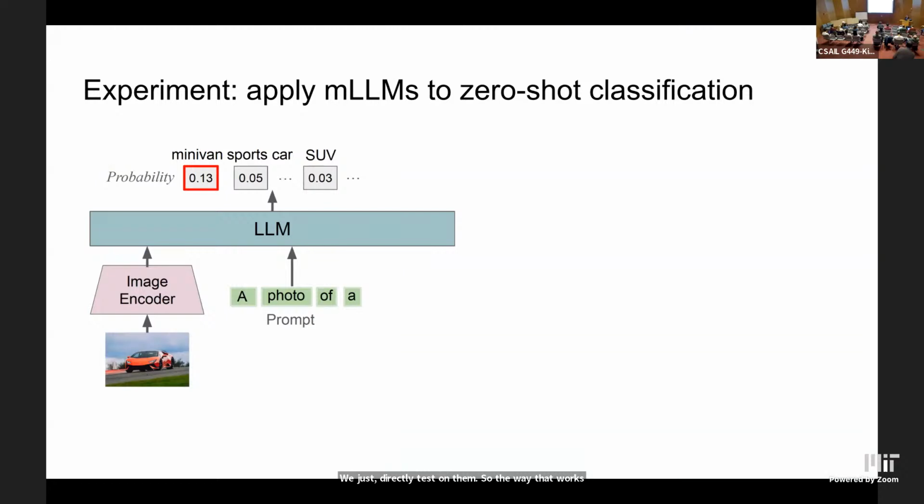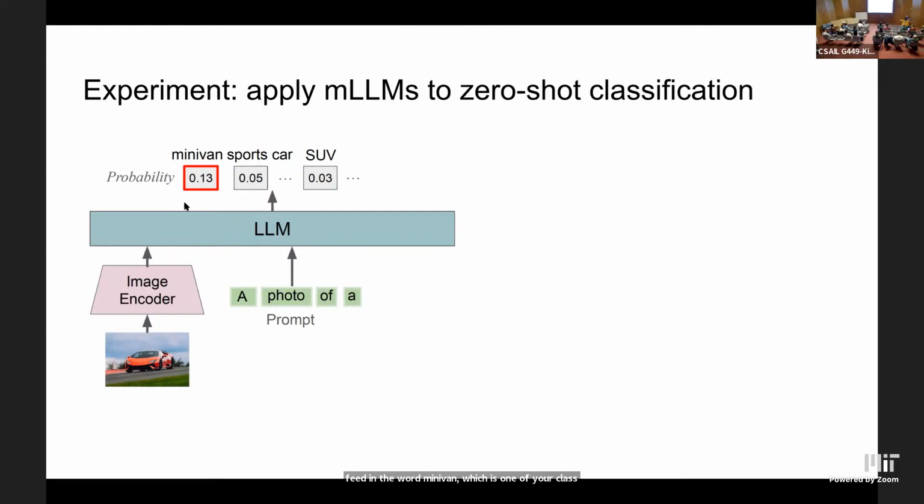The way that works best, the current state of the art for applying these models to classification, is you feed the image in, then you feed in a prompt that says "a photo of a", and then you generate. So you generate language conditioned on these two things. Then you look at the first generation, and you feed in the word minivan, which is one of your classification labels.